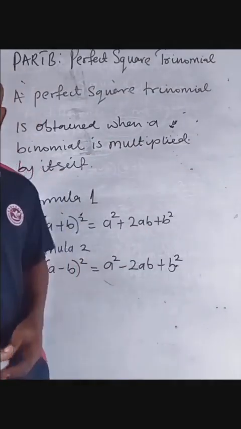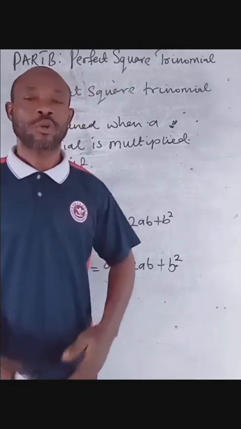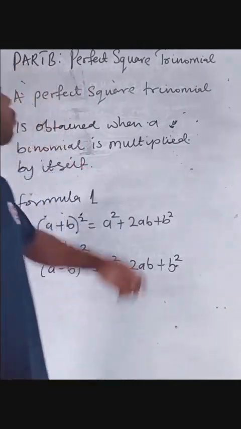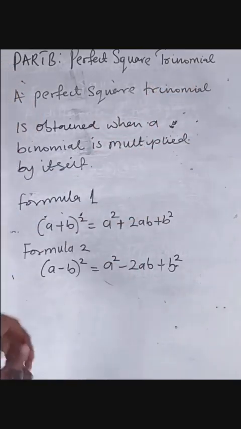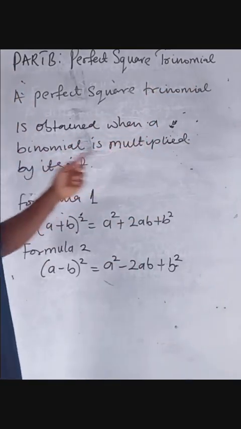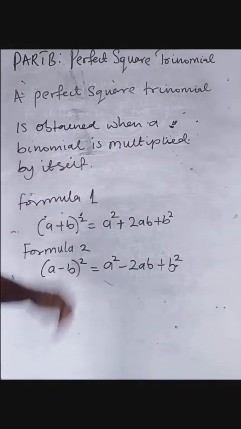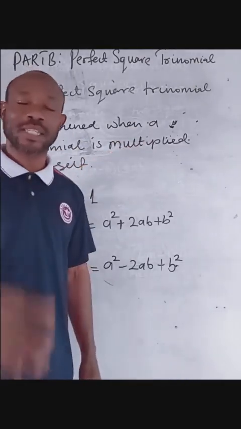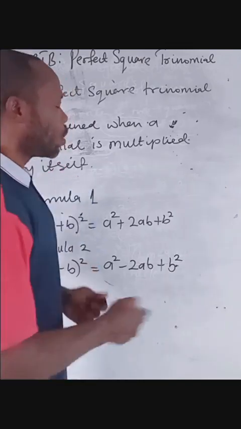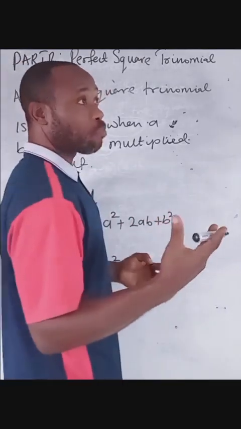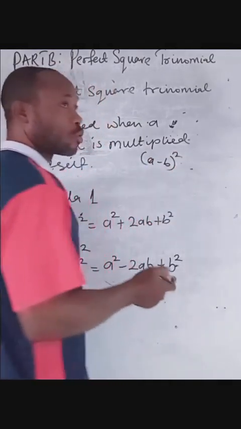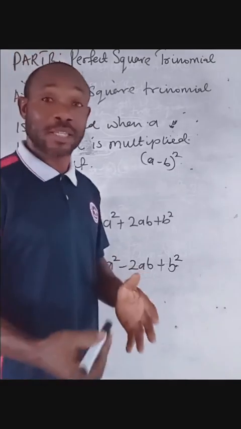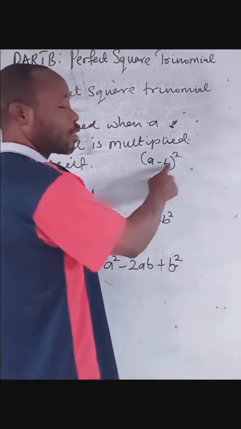So let's look at the second technique that we're going to learn about today in this lesson: perfect square trinomial. A perfect square trinomial is obtained when a binomial is multiplied by itself. We saw that in the starter activity, where we factorized an expression of the form a minus b squared.